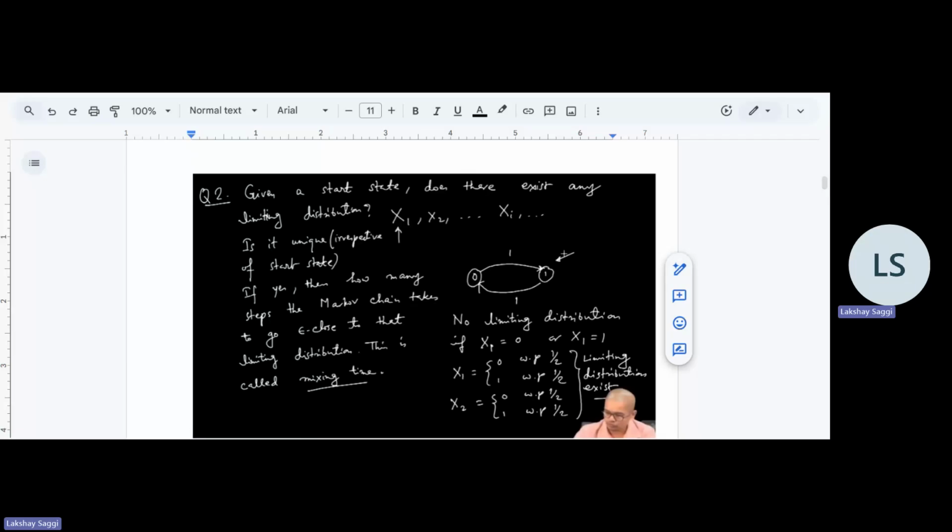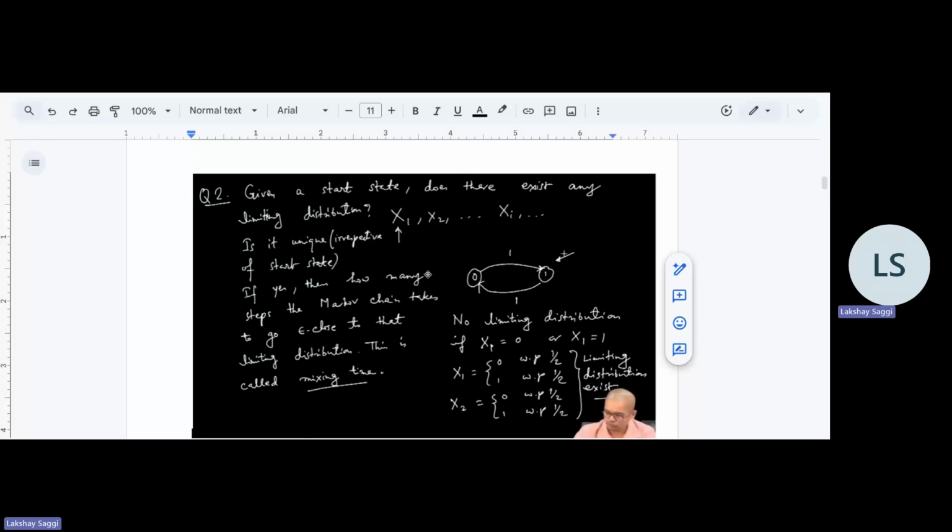Here there does not exist any limiting distribution. Suppose the initial distribution X1 is that you start at state 0 with probability 1. Then at the next step you will be at state 1 with probability 1.